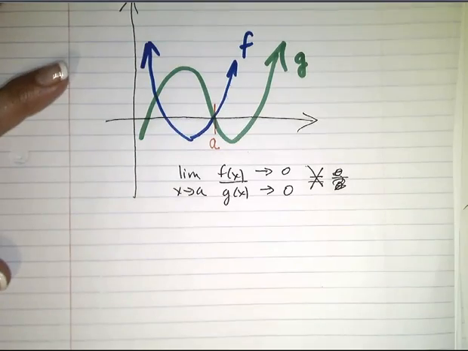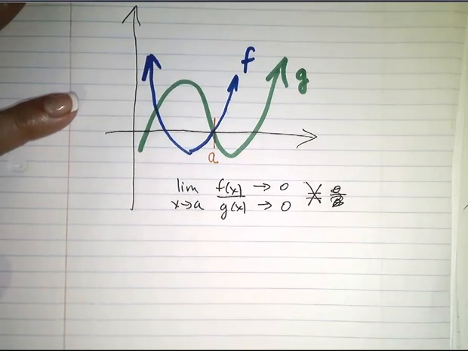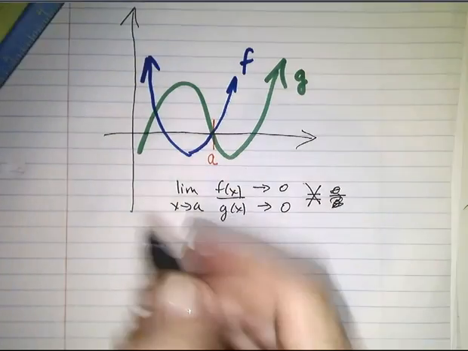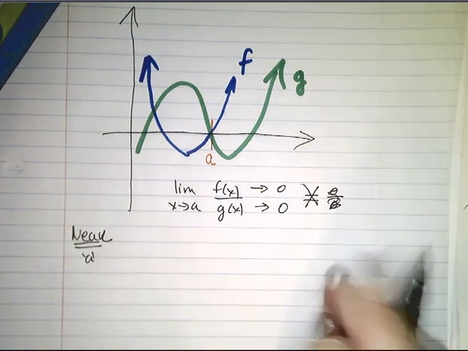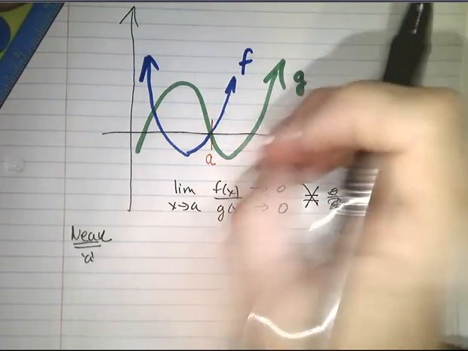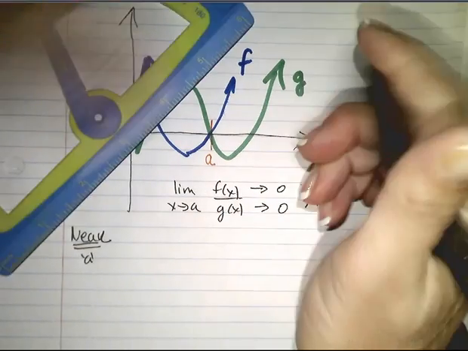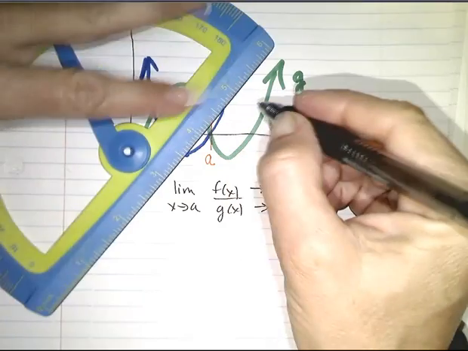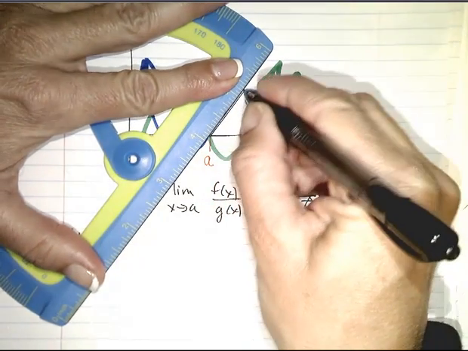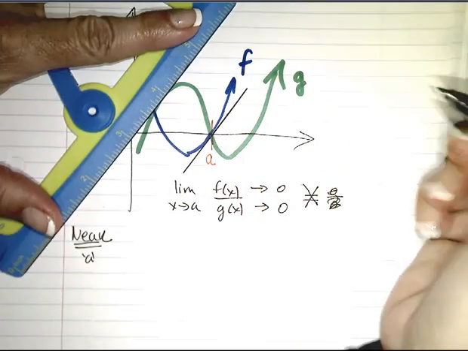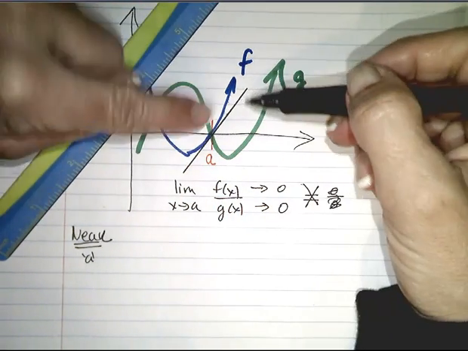Now, what we're going to do here is look at what happens near a. If I were to take a microscope and zoom in onto a and look at both f and g, they both would look very linear. And f would look a lot like this line, which is the tangent line to f at a.